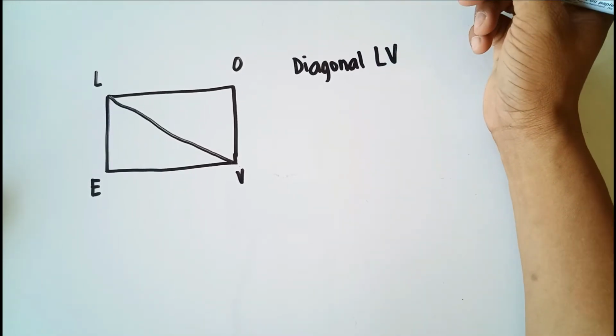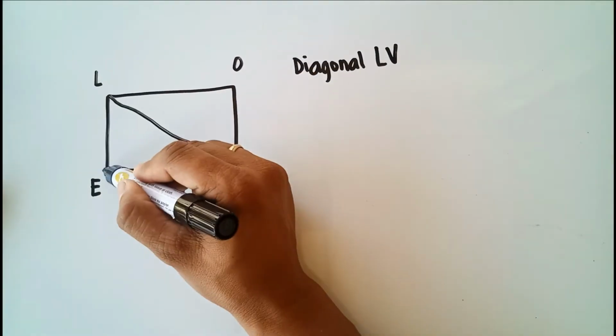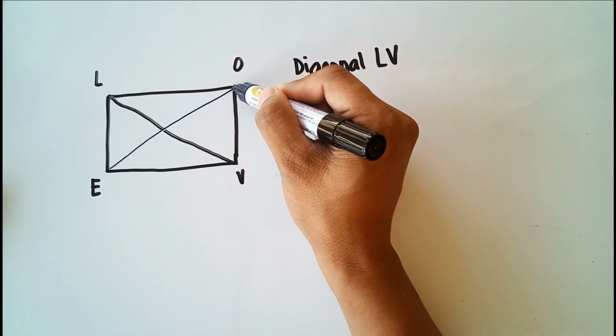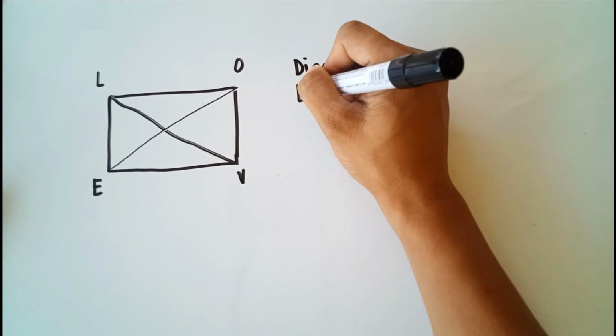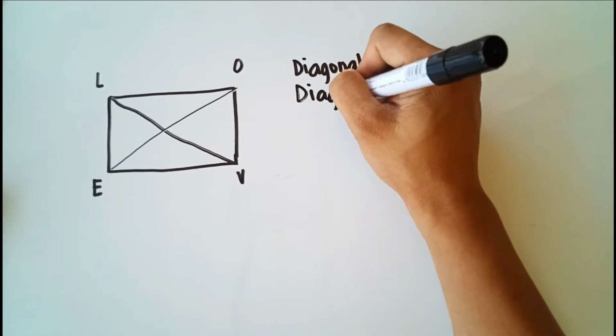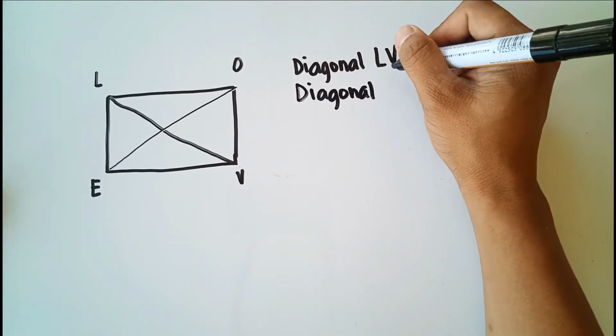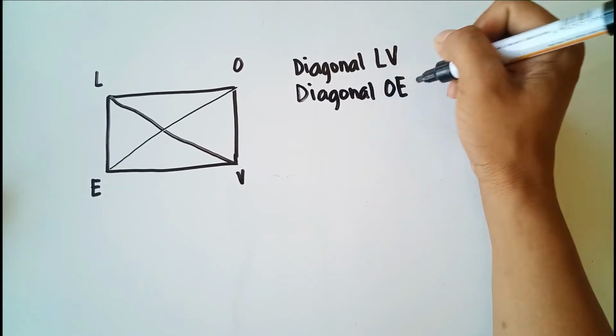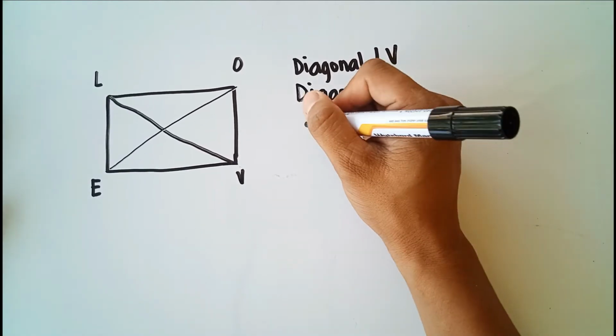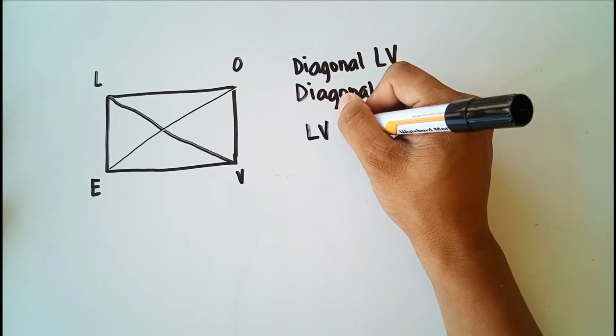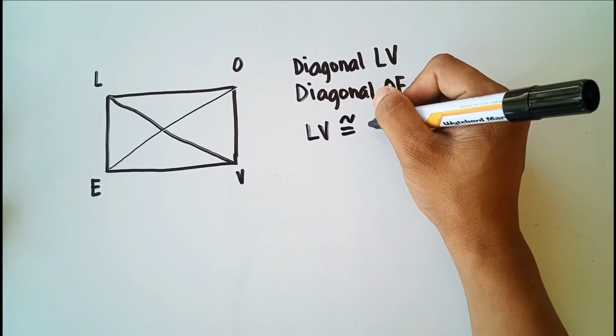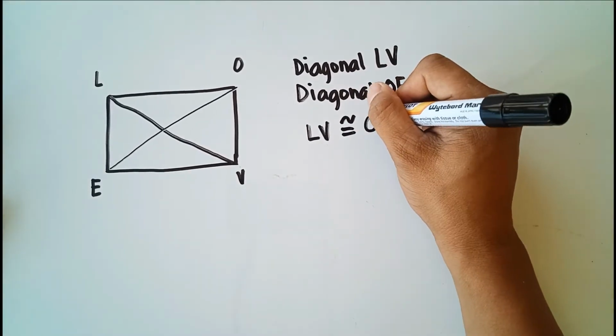And if we are going to connect the vertex E and O, so we have diagonal OE. Based on the theorem, LV is congruent to OE.